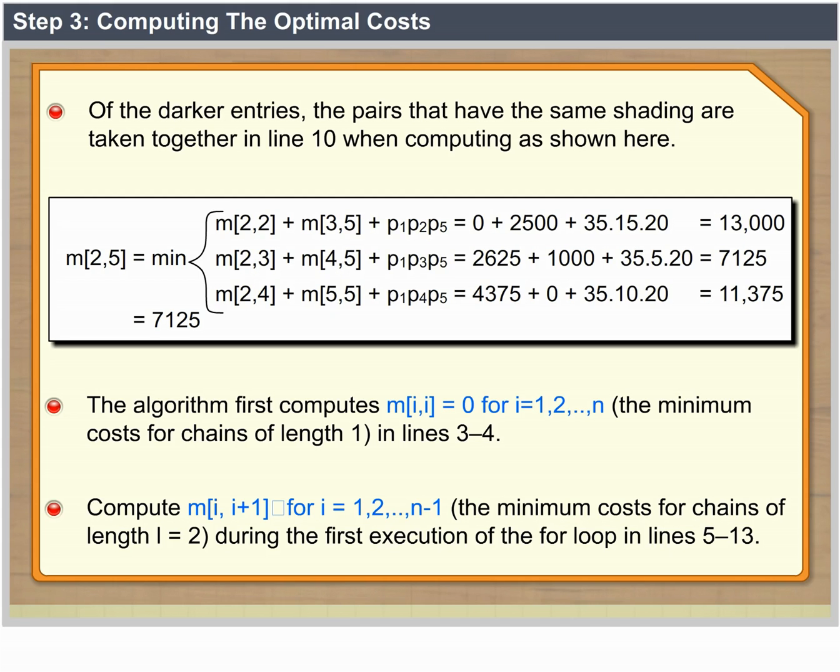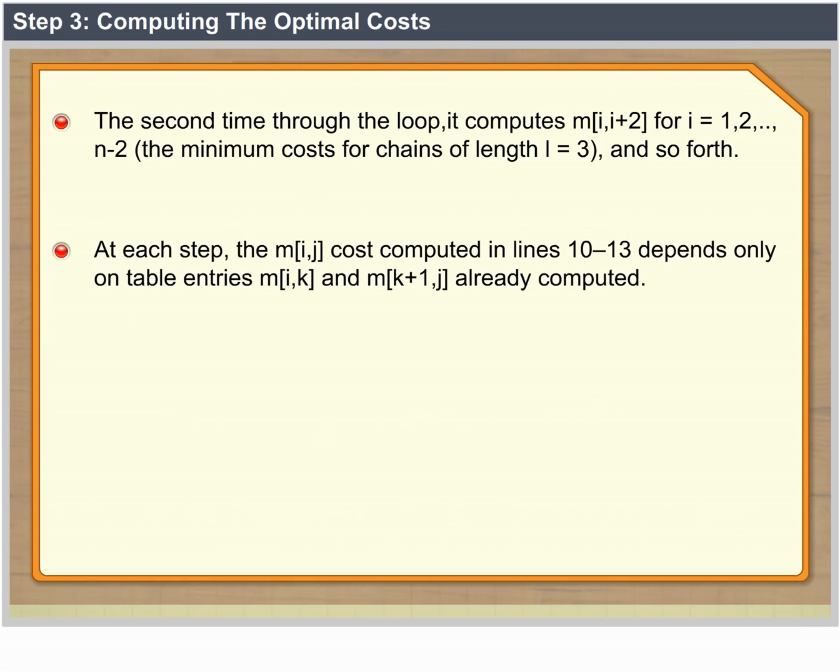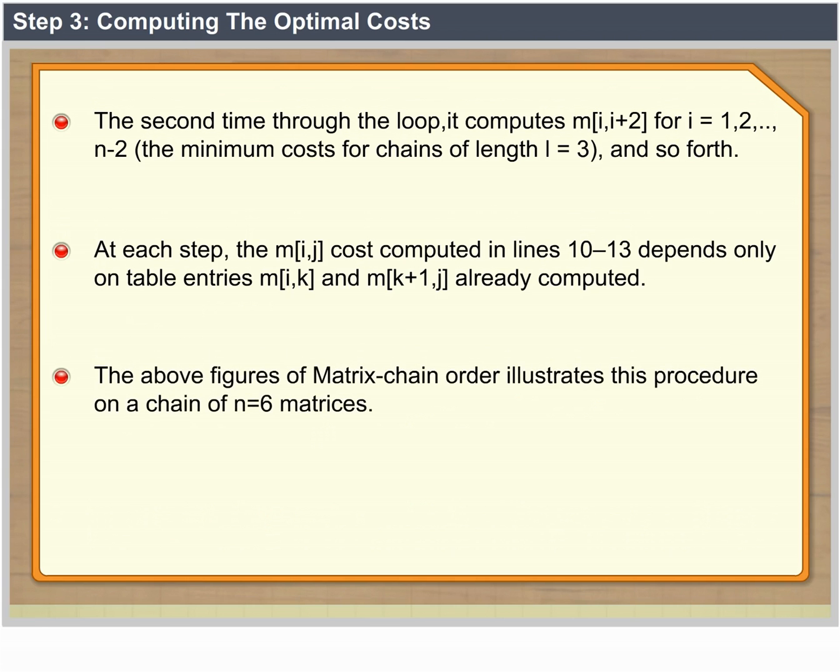The second time through the loop, it computes m of i, i plus 2 for i equals 1, 2 up to n minus 2, the minimum cost for chains of length l equals 3, and so forth. At each step, the m of i, j cost computed in lines 10 to 13 depends only on table entries m of i, k and m of k plus 1, j already computed. The above figure of MATRIX-CHAIN-ORDER illustrates this procedure on a chain of n equals 6 matrices.